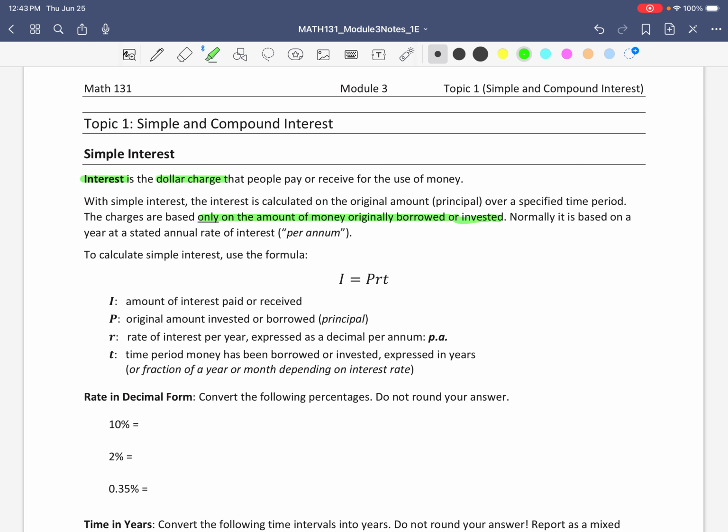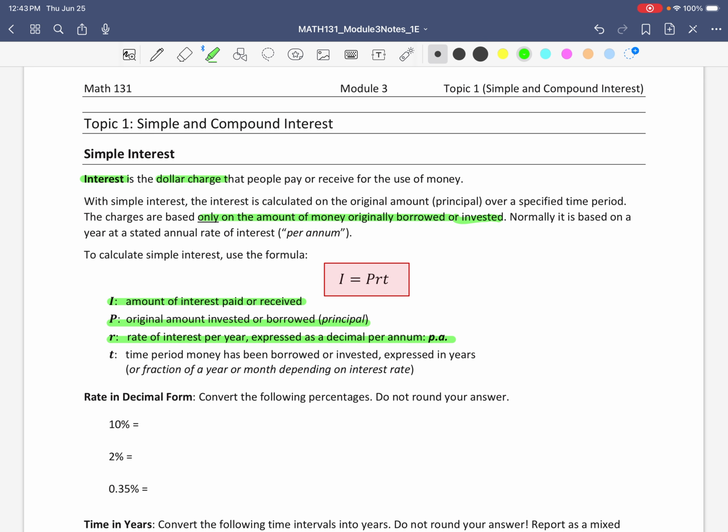Normally, it's based on a year as a stated annual rate of interest, which we often refer to as per annum. To calculate simple interest, we're going to use this formula. So the formula is I is equal to P times R times T, where I is the amount of interest paid or received, P is the original amount invested or borrowed, which is the principal, R is the rate of interest per year, and it's expressed as a decimal per annum.